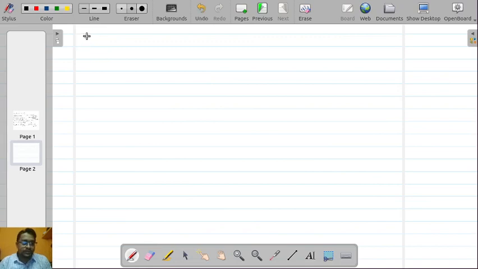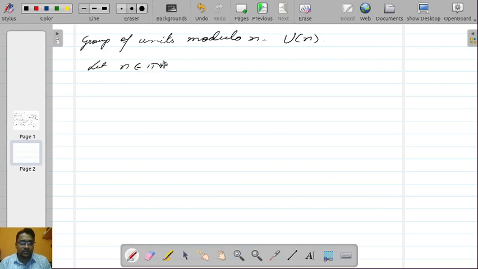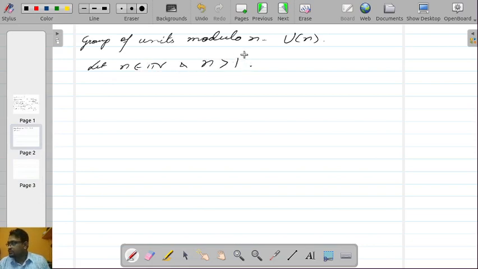Say the group of units modulo n. This is denoted by U_n. So let n belong to the natural numbers. Actually we take n greater than 1. Sorry, let n belong to the natural numbers and n is greater than 1. We have to take n greater than 1.